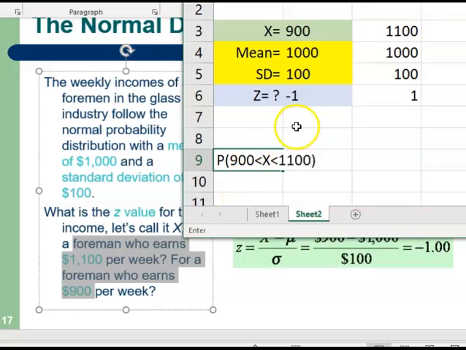Since we already calculated z, this is in fact equal to the probability of z to be between -1 and positive 1. And we can actually calculate that here.